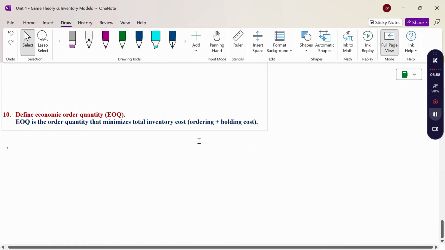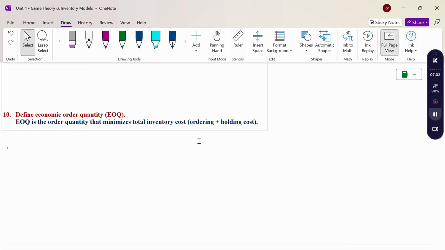Define economic order quantity. EOQ is the order quantity that minimizes total inventory cost. Total inventory cost is ordering cost plus holding cost. Sometimes the question is in short form, such as define EOQ or define economic order quantity.